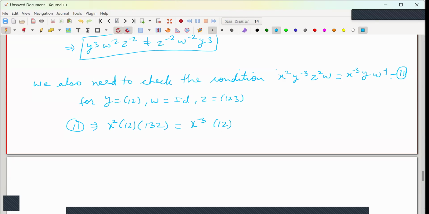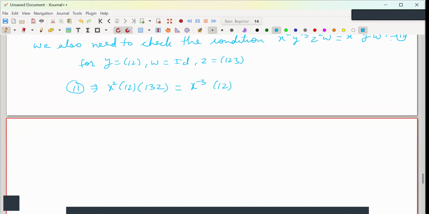So w inverse is not playing any role. So now what is this? X square. 1 goes to 3. 3 is here, so this will come as it is. 3 goes to 2, 2 goes to 1. So 1 is going, and 2 goes to 1, 1 goes to. So this will be 1 3, x minus cube 1 2.